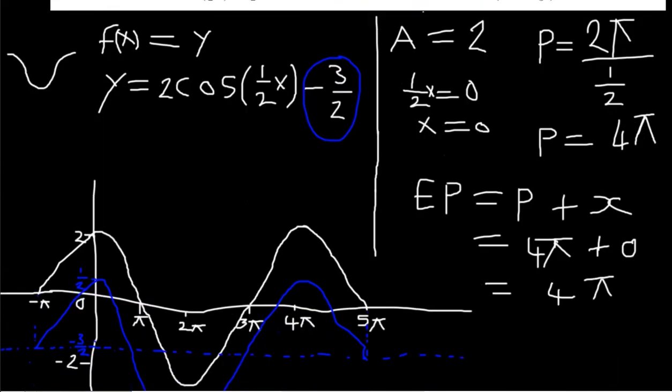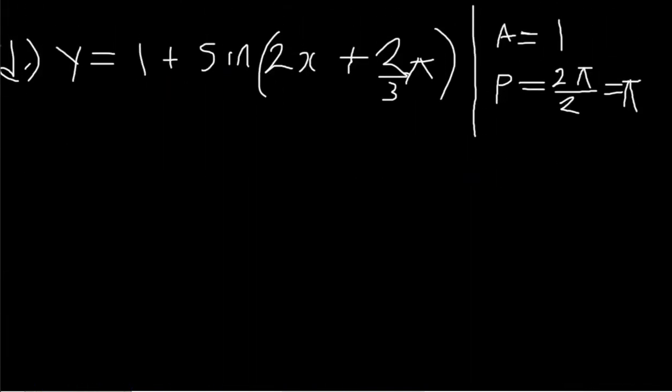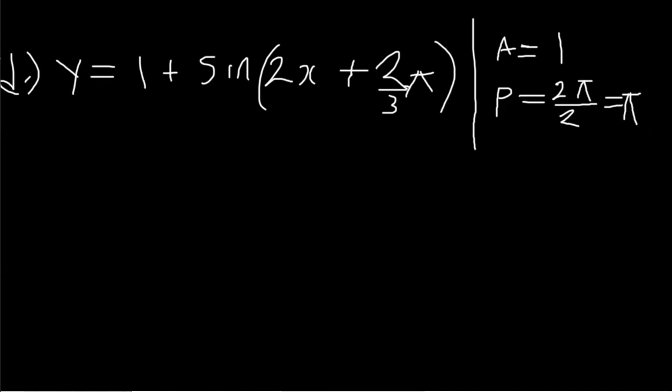So if it takes pi units to have one cycle, in 2 pi we are supposed to have 2 cycles. So the graph we're going to draw should have 2 cycles. So we can start drawing.